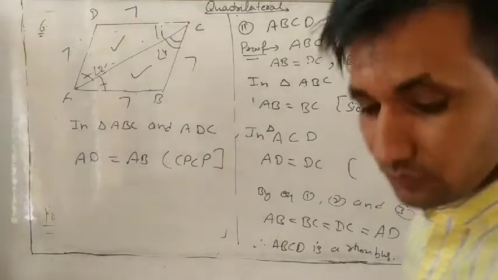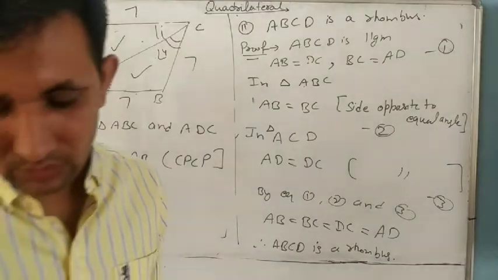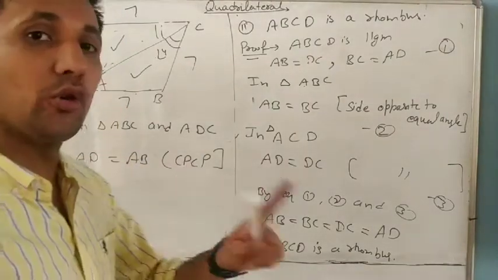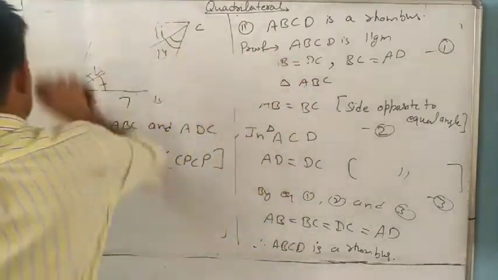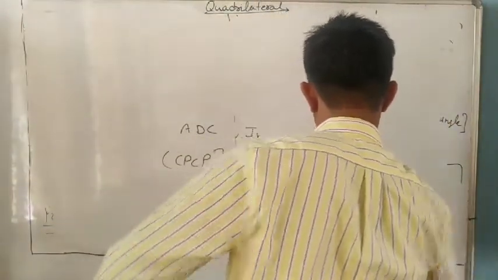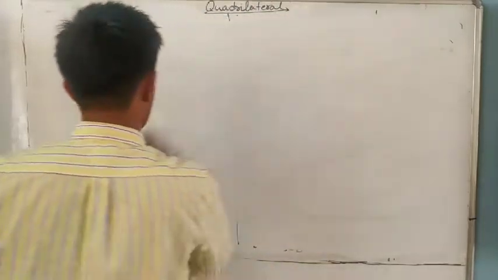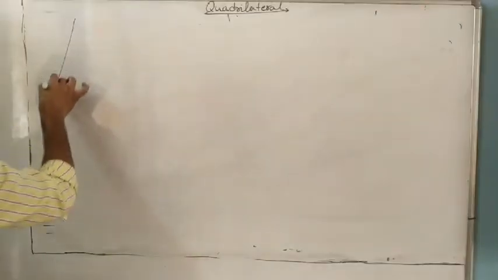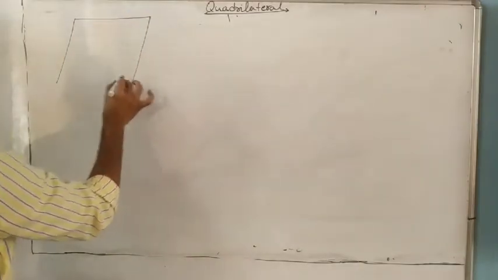Okay. Now next question, question number 7. I will only give you a hint and you do question number 7 yourself. Question number 7: ABCD is a rhombus. Now rhombus is given. Always use the property of what is given.